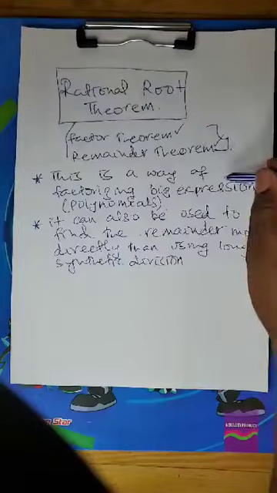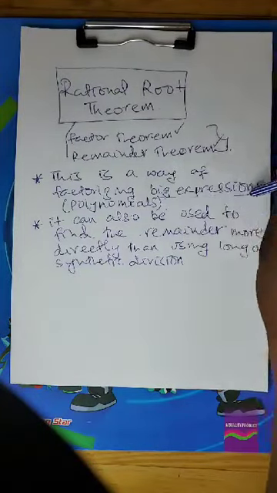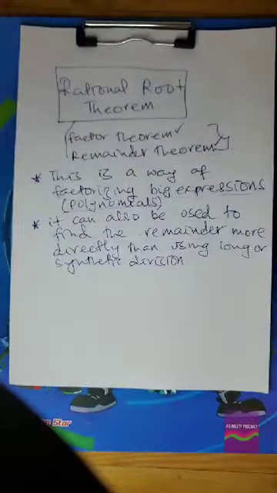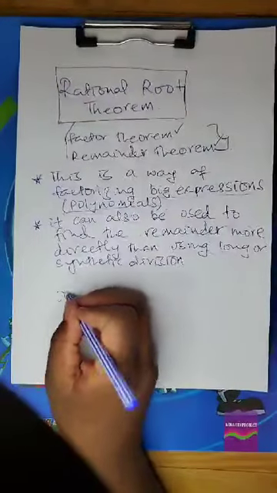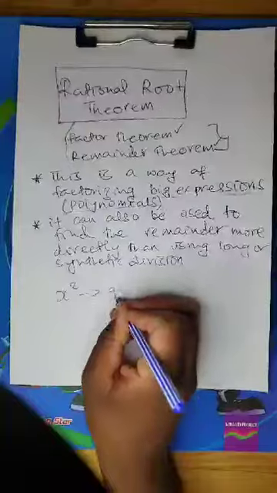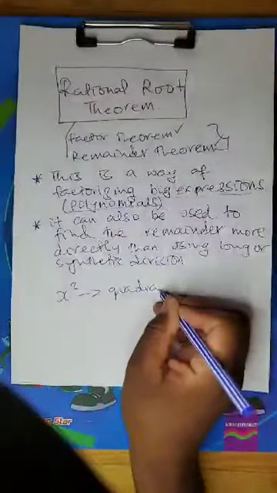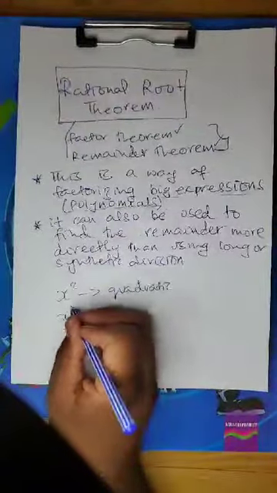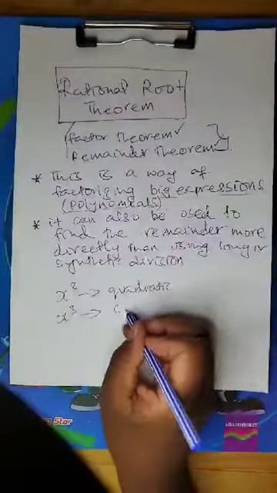So it is a way of factorizing big expressions. Big expressions are called polynomials. If you have x to the power 2, it is called a quadratic. If you have x to the power 3, it is called a cubic function.